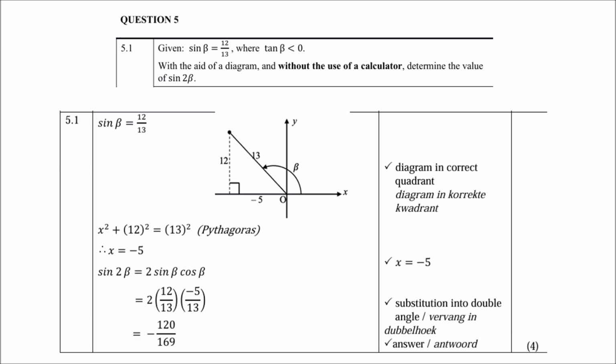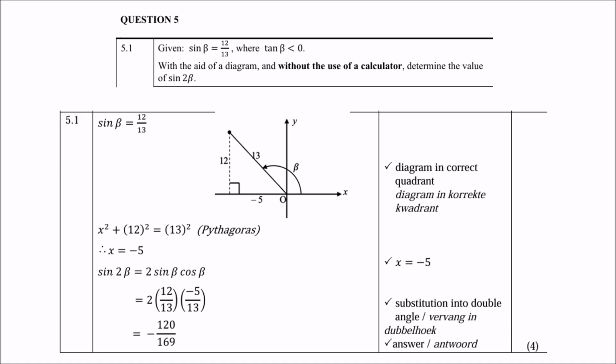Because that is where sine is positive and where tan is negative. Then, of course, sine is defined as opposite over hypotenuse. So 12 over 13, look at the diagram. And of course, you can find the other side by using Pythagoras. And you get x equals negative 5. Now the drawing is completed.